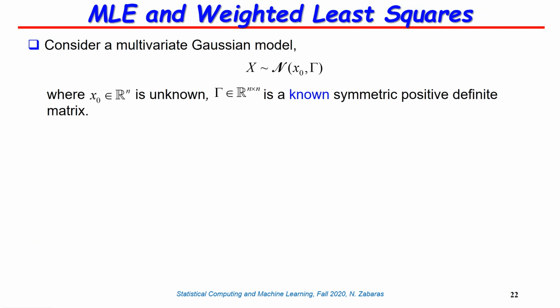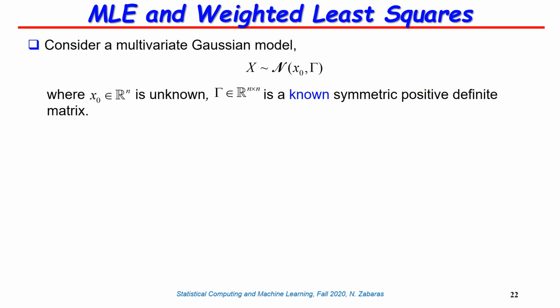So let me move to something that may look a little bit strange and out of connection with what we have covered up to now in the lecture. I want to make an early connection that these MLE estimators for Gaussian models turn out to be equivalent to least squares, and in many cases to what I call weighted least squares.